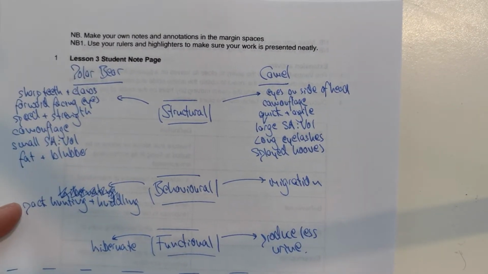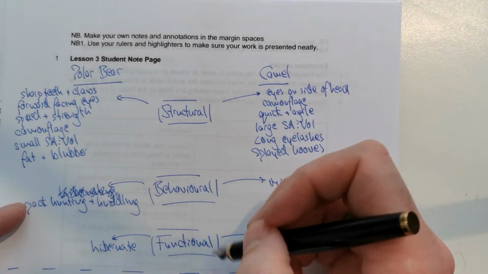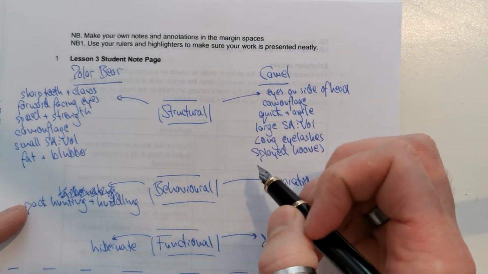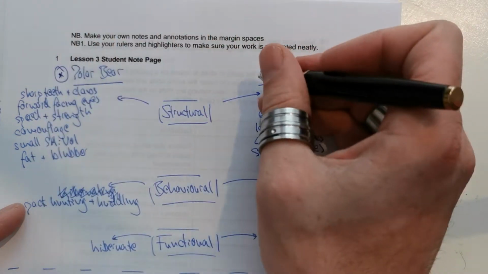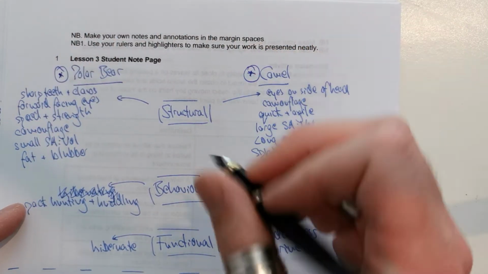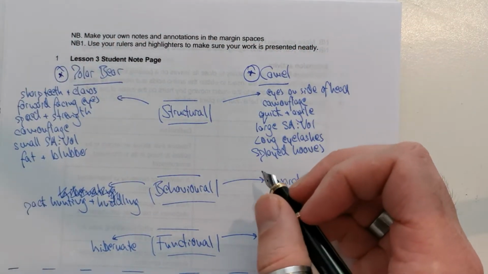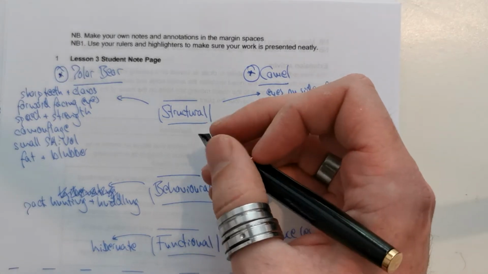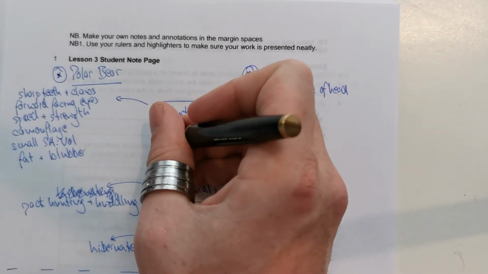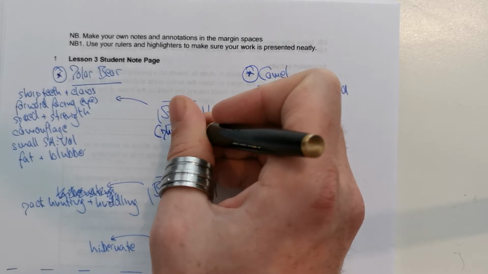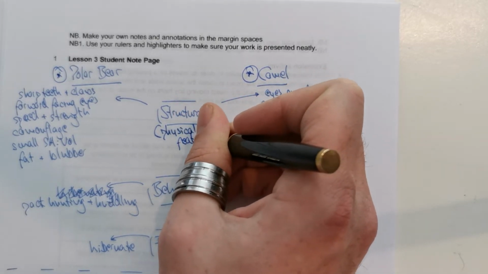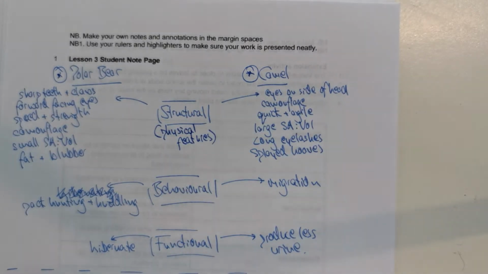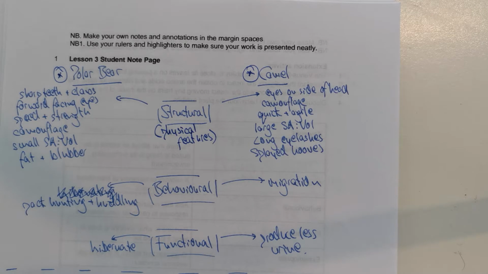And have a think about the 3 definitions that we spoke about last lesson. You might want to note this down as well. If we think about polar bears and camels. Now, to begin with, structural. So if you remember, structural adaptations are physical features. So, specific skin type, claws, teeth, fur colour, etc.